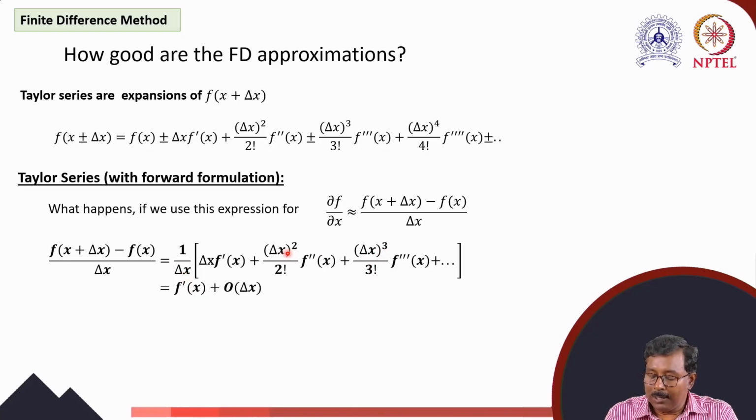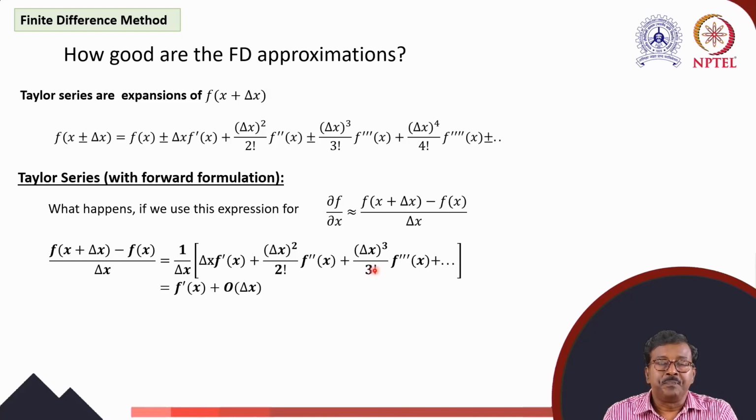So all the terms related to delta x and higher orders of delta x are neglected. So the maximum error is of the order of delta x. Why? Because delta x is neglected from the second term, and delta x square is neglected in the third term, but delta x square is always much less than delta x, because delta x is less than 1. Delta x is a very small value.